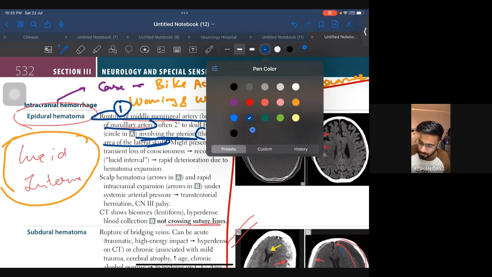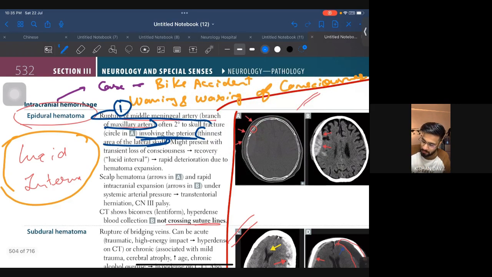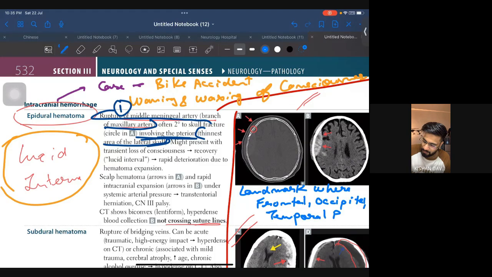Okay, I'll write it down for you. Landmark where frontal, occipital and temporal bone meet. That is what is known as pterion. Okay, एक बार ये definition Google पे देख लेना.